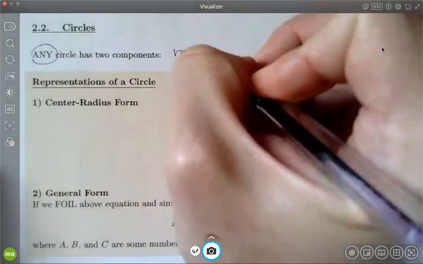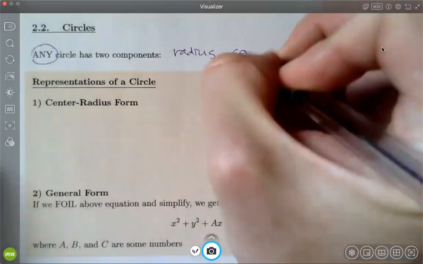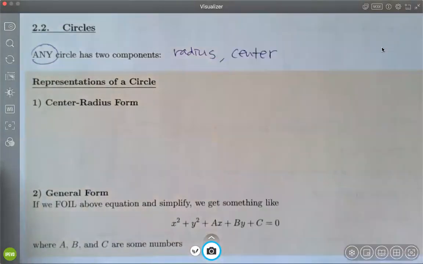Okay, now the diameter is not a component because you can get diameter from the radius. But there is a special point for any circle. Center. The center? Center, yes. Okay, so those are the two components of any circle.